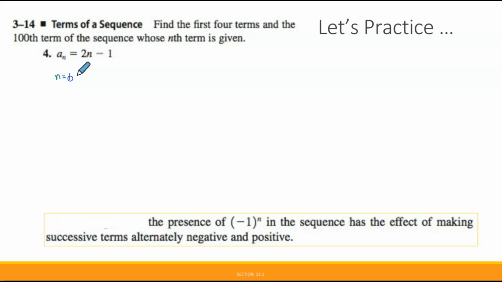N equaling 1, n equaling 2, n equaling 3, n equaling 4, because we are asked to find the first 4 terms of the sequence, and the 100th term.